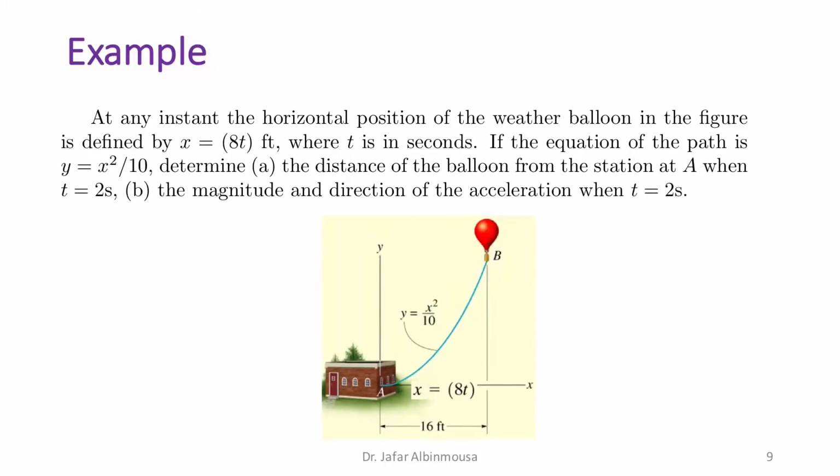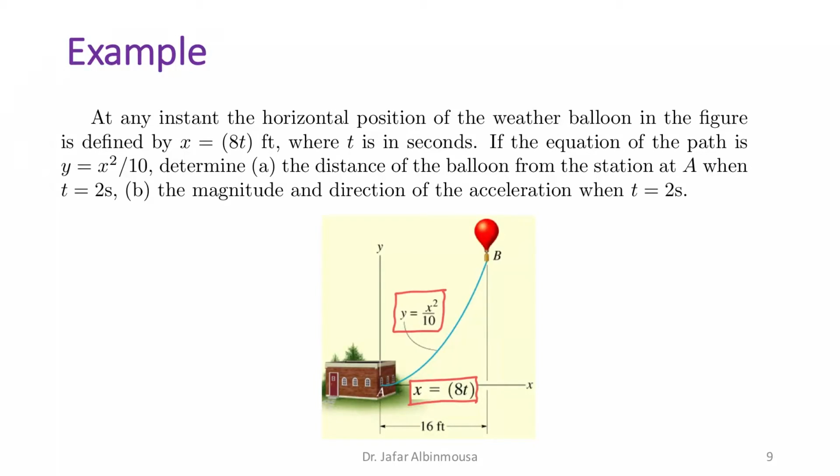So this position along the x-axis is always described by x equals 8t, where t is in seconds and the position is in feet. If the equation of the path is y equals x squared divided by 10, so this is the path which the balloon is going to follow. So the balloon will start from here and then it will move all the way to here, following this path.